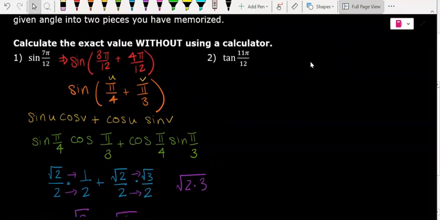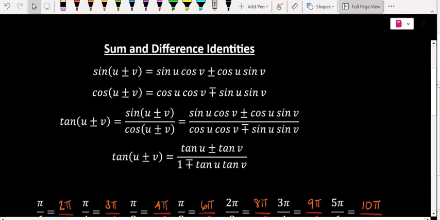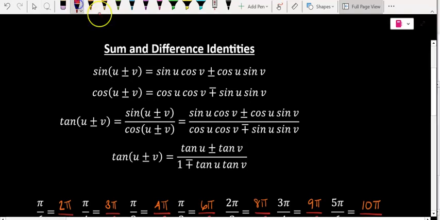So here I've got tangent 11 pi over 12. Tangent is a little bit different, well, not a little bit, it's a lot different from sine and cosine. If I look at these equations that I've got over here, I've got two ways that I can do tangent. I can do it as just the equation of sine divided by cosine, because we should know that tangent is sine divided by cosine.